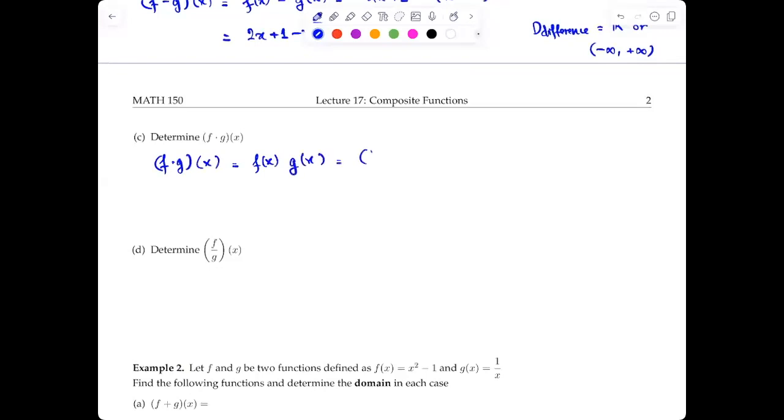So f of x is 2x plus 1 times x squared minus 1. Right, so that's the product function. And the domain of the product, again, is all real numbers, or from negative infinity to positive infinity.